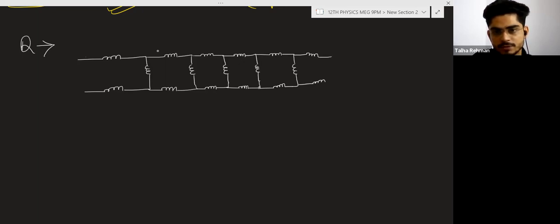From this resistance, our battery is connected, and all resistances are of 1 ohm.